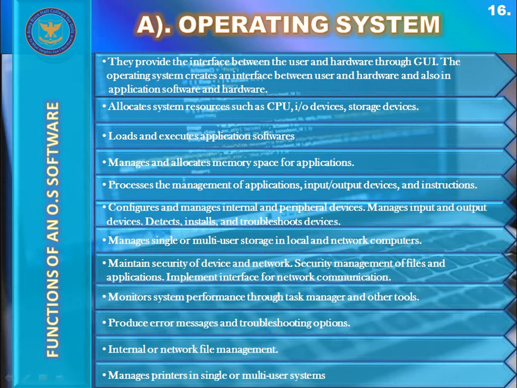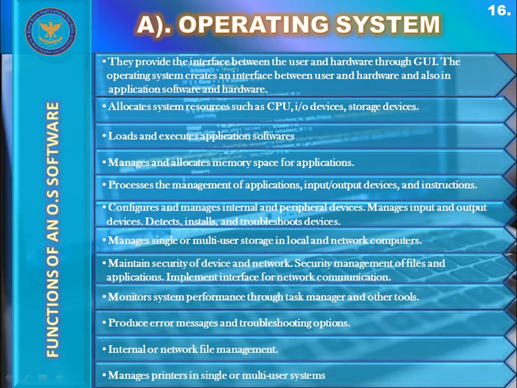Operating system also monitors system performance through the task manager. Task manager actually manages the tasks actually being performed by the user. The operating system also produces error messages for the user if some problem occurs in your computer.